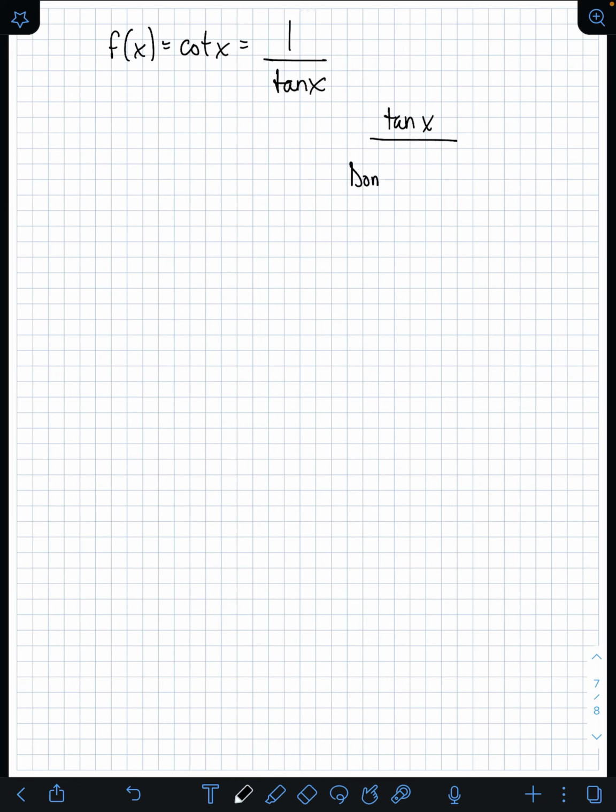The domain for tangent was that x could not be pi over 2 or any number of half rotations of the circle away from it. However, the range of tangent was all real numbers.